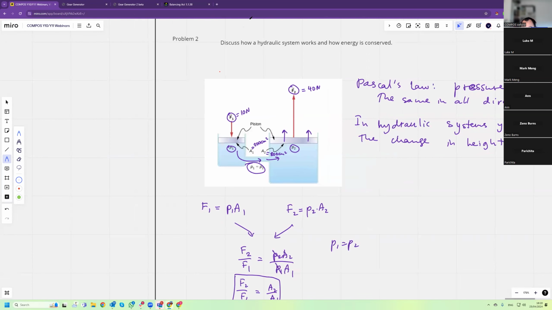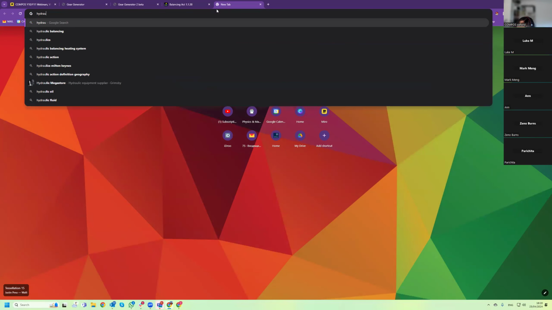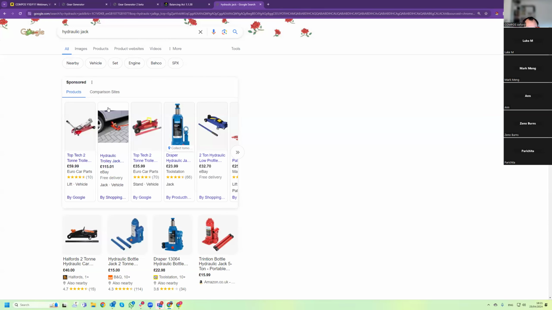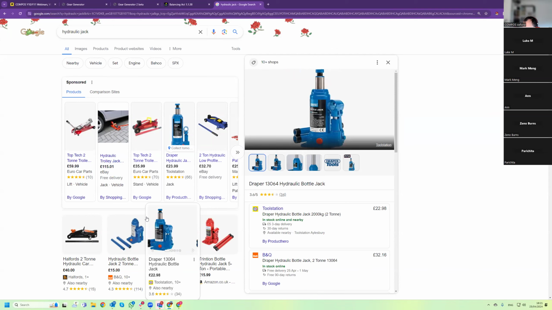And this is a very commonly used thing. So what can we do? Hydraulic jack. Lovely. So this is a hydraulic jack.